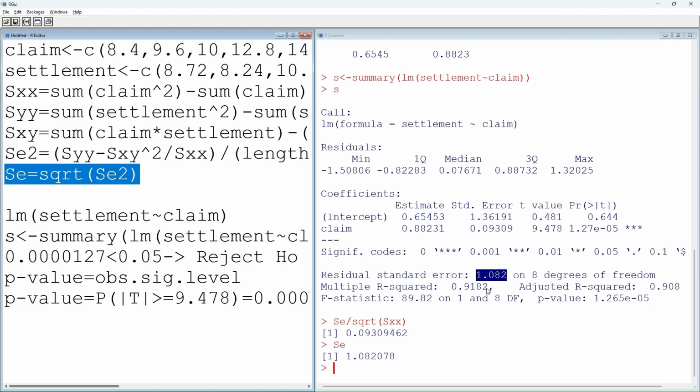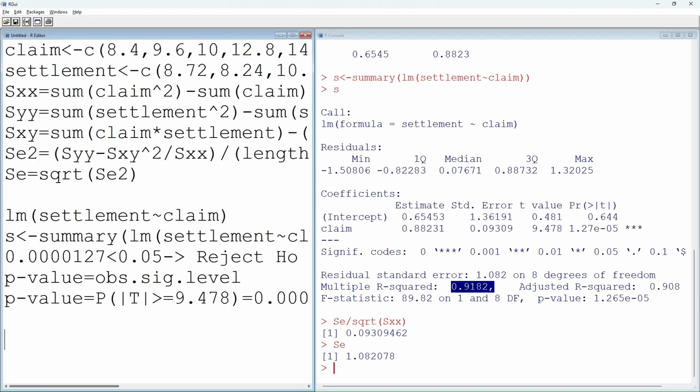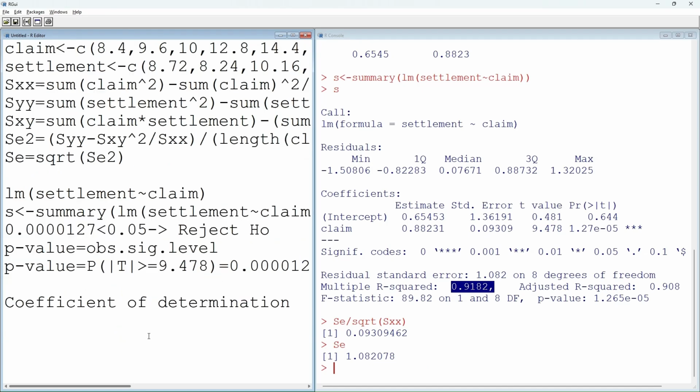And then you have the multiple r squared, which is also of relevance. I'm not going to discuss everything else, but mainly this one, the multiple r squared. This is what we refer to as the coefficient of determination, right? And we got a value of 0.9182.